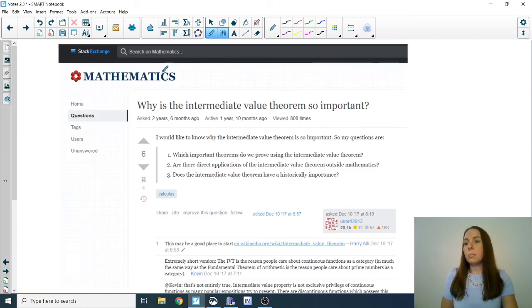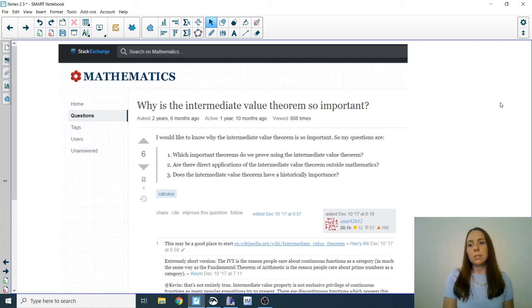So the first example, I forgot I had this in here. Have fun. Before we talk about that, I do see students, when we start to talk about the value theorems, they just go, it's not exciting. Why? It's not that important. So I like to do a little bit of research on that whenever I have time. And I love the math stack exchange because you can follow conversations and maybe learn something from it.